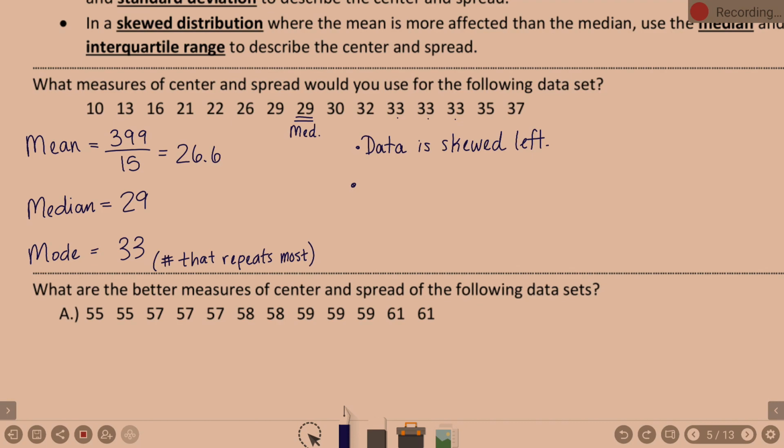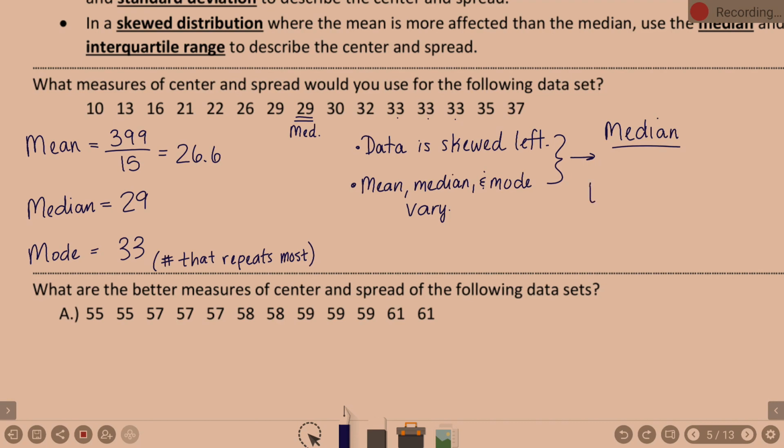And when we know the data is skewed one way or the other, it's because the mean, median, and mode vary. They are not all about the same. There are differences, okay? Based on that information, in order to answer the question, what measures of center and spread would you use?